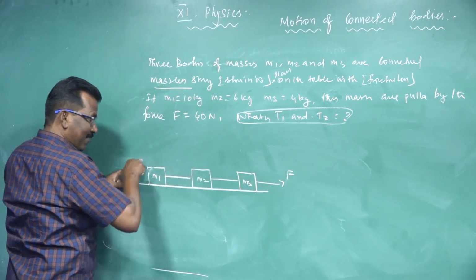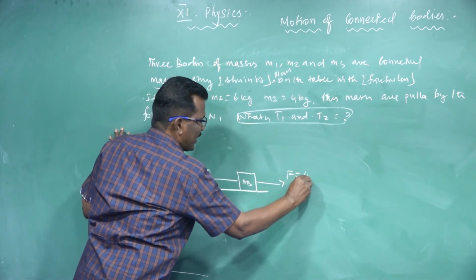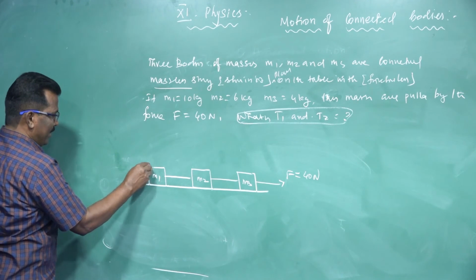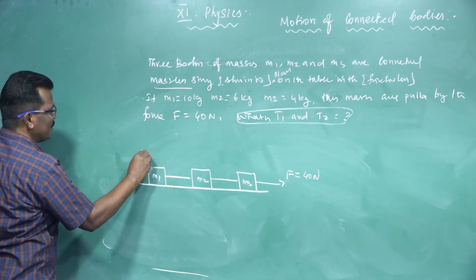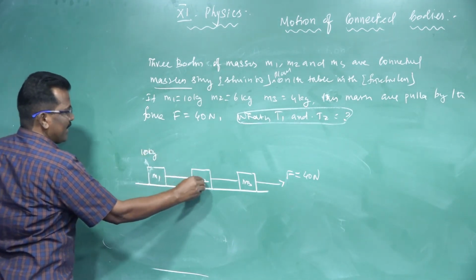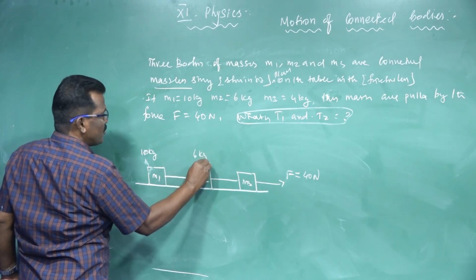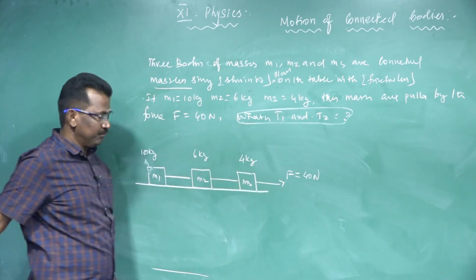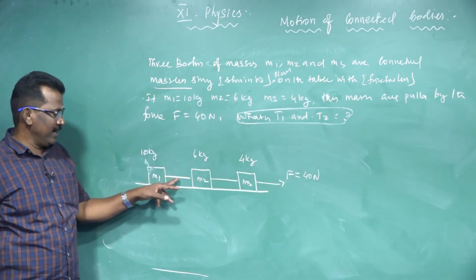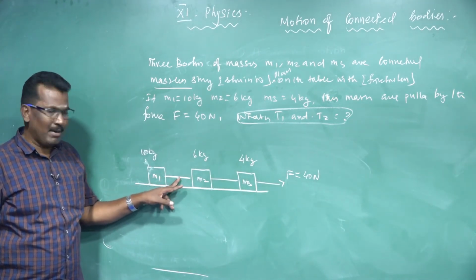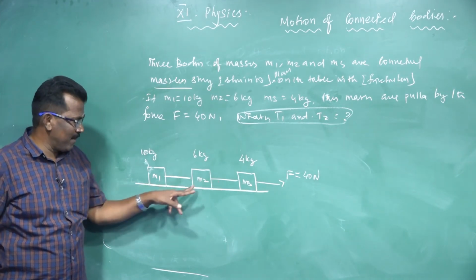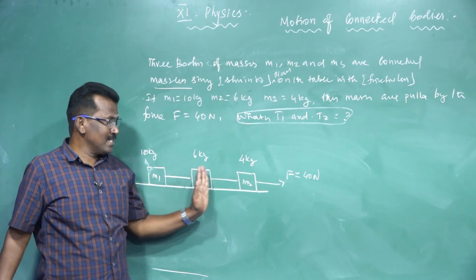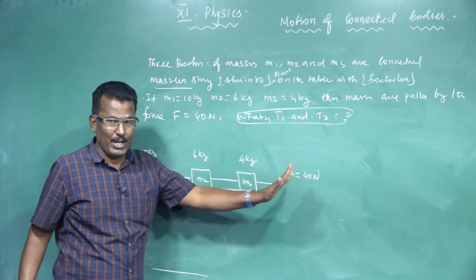The three masses are pulled by the force F is equal to 40 Newton. Mass M1 is 10 kg, M2 is 6 kg, M3 is 4 kg.